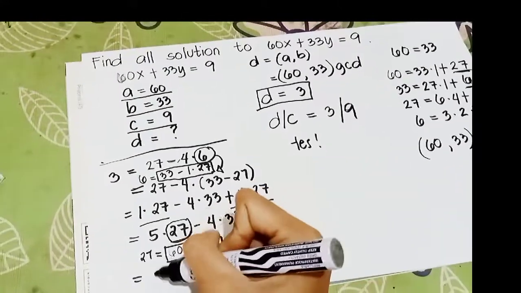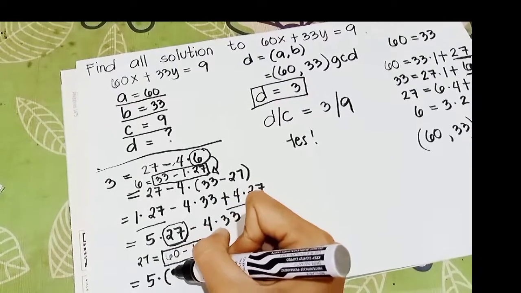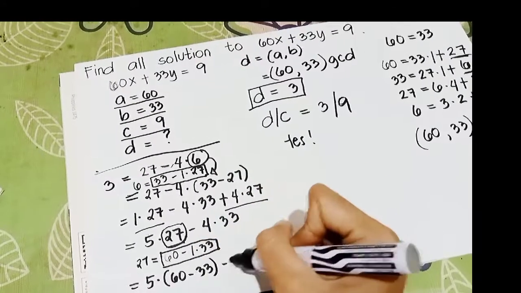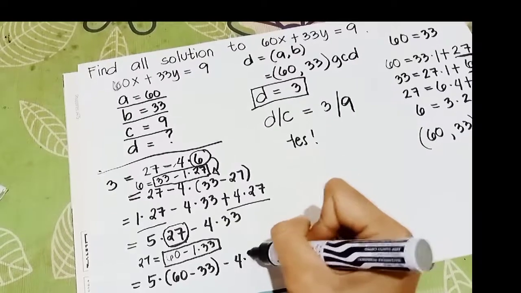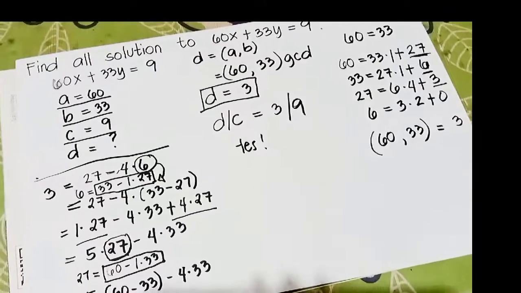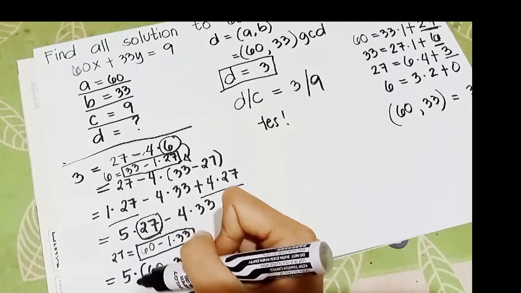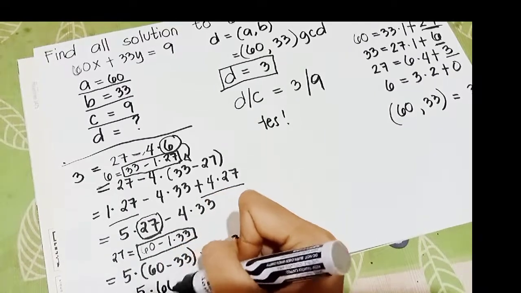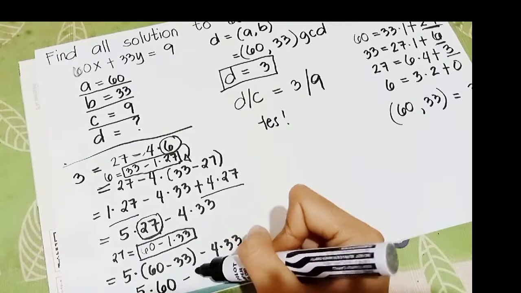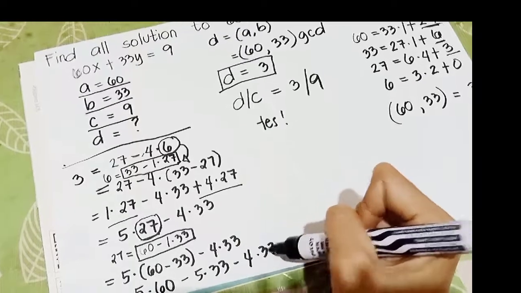Alright, so 5 times 60 minus 33, minus 4 times 33, equals 5 times 60 minus 5 times 33 minus 4 times 33.